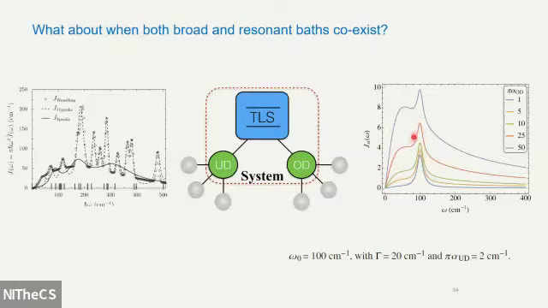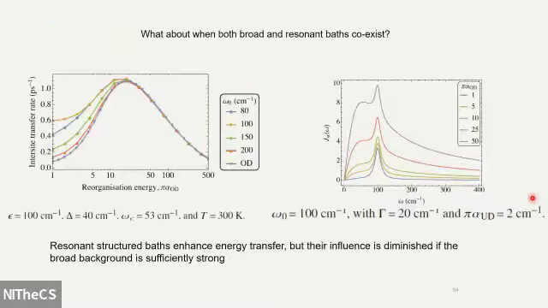So there's this funny trade-off: even though your spectral density might look like it has this nice resonant energy transfer, if the broad background is too large, it totally dominates, and the energy transfer rate tends towards the behavior you see with the broad background case.